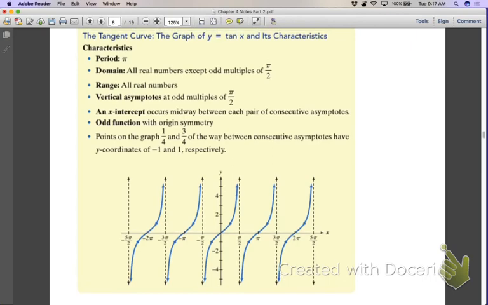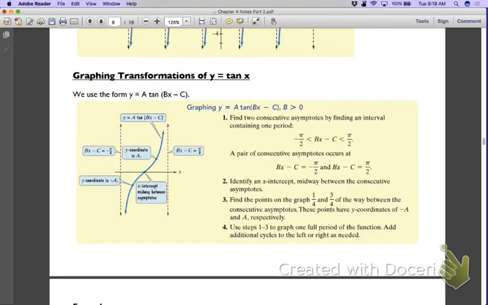If you need to take a picture, or you need to write that down, the biggest thing that you have to worry about with the transformation is figuring out where your asymptotes are. That's it. Once you figure out where your asymptotes are, then it's just a matter of what's halfway, what's a quarter of the way, or what's the half of the first half, or the half of the second half, and the 3/4 of the way of your graph.